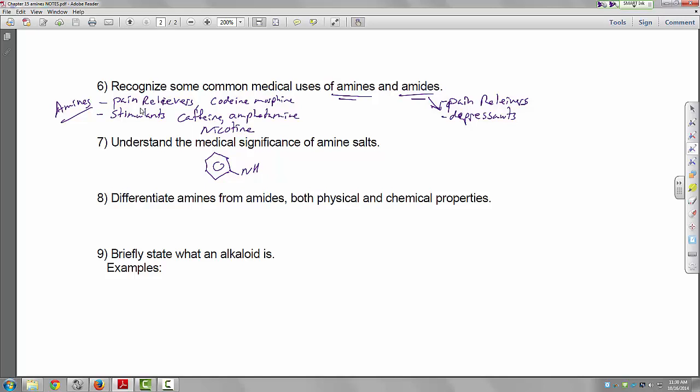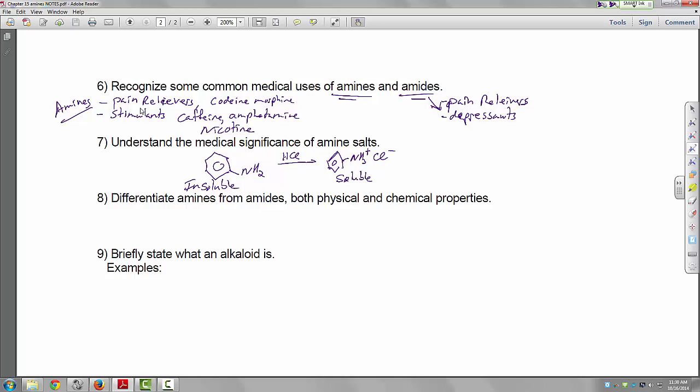But we'll just use aniline here. An amine salt, if we add HCl to this, we get the anilinium chloride again. So there's your amine salt. This guy is insoluble. It's more than 5 carbons, so insoluble in water. But the amine salts are soluble.